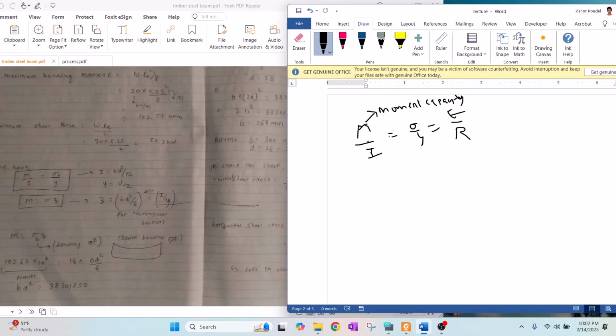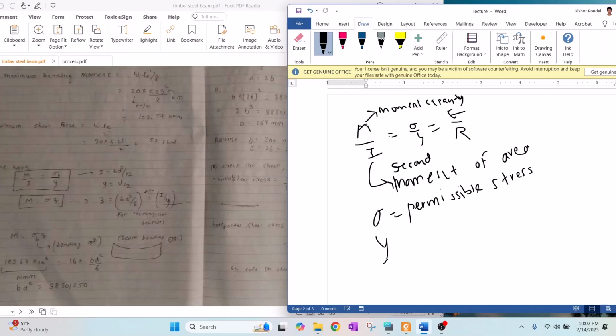So M is the moment capacity of that section, whereas I is the second moment of area, and sigma is the permissible stress of that material.